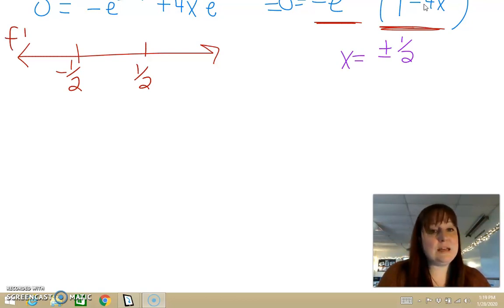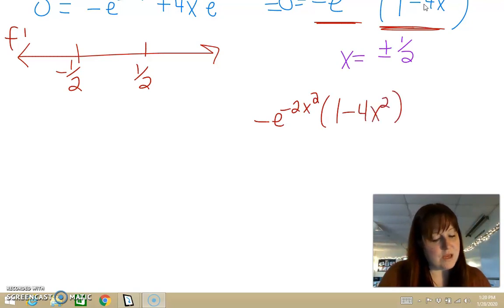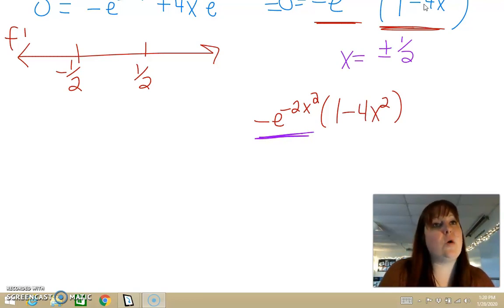So if I plug in negative 1/2, not negative 1/2, let's plug in negative 1 into my derivative. Remember, my derivative is negative e to the negative 2x squared times 1 minus 4x squared. It doesn't matter what I plug into this part of the function, it's always negative, because e to anything is always positive, multiplied by negative 1 is always negative.